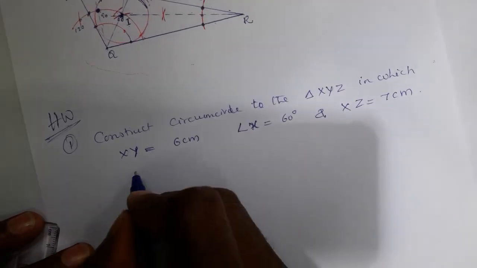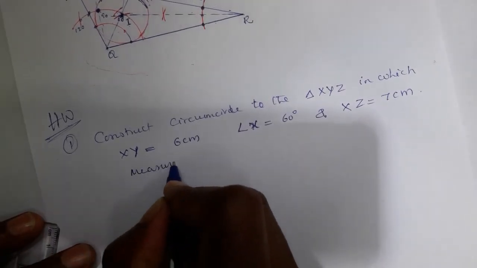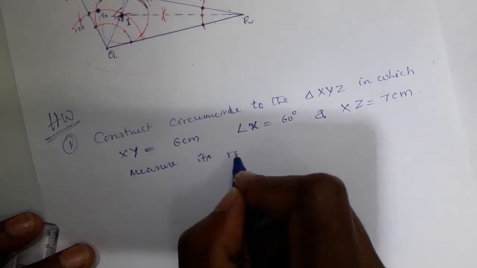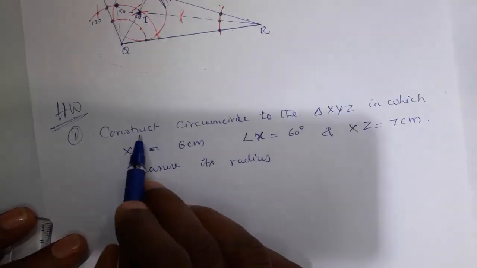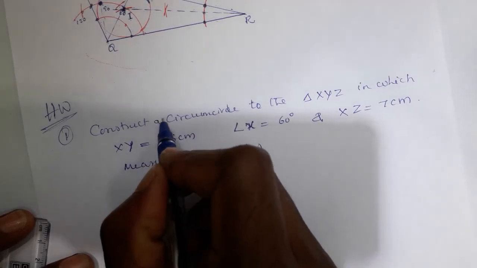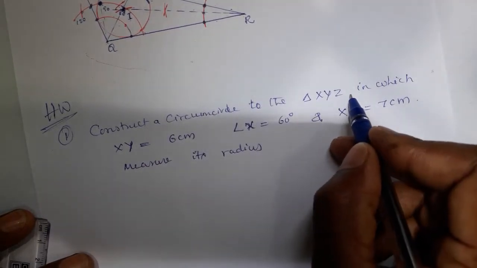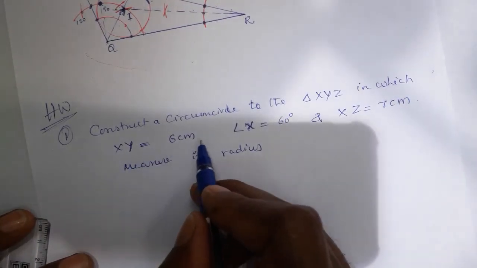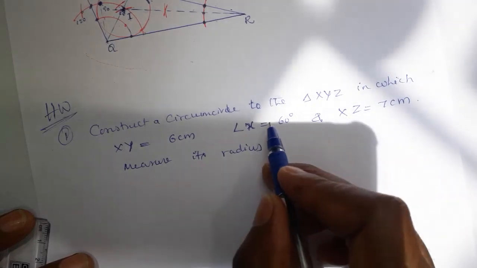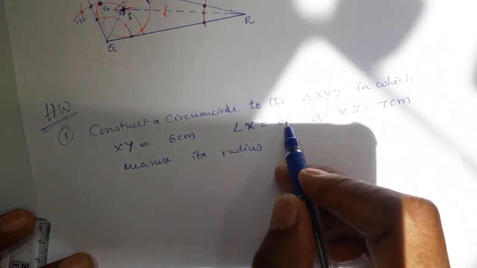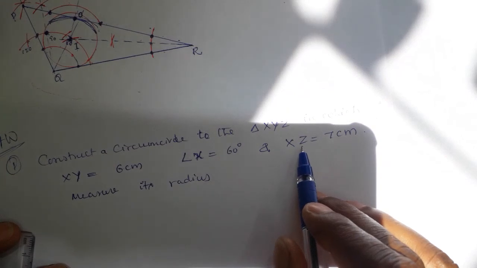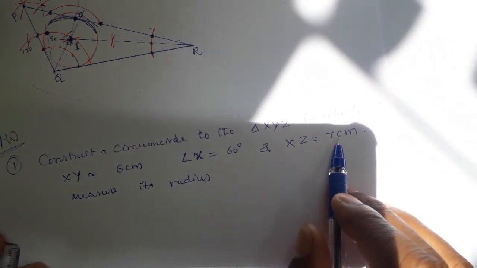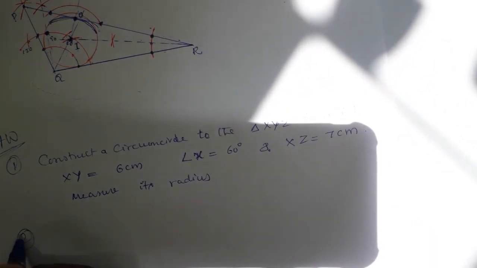Measure its radius. I repeat, construct a circumcircle to the triangle XYZ in which XY is 6 centimeter, angle X is 60 degree (60 degrees is easy, students, you can construct easily), and XZ is equal to 7 centimeter. Measure its radius.